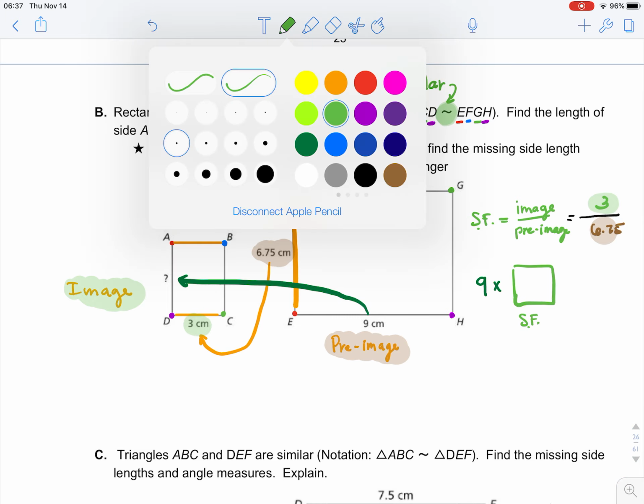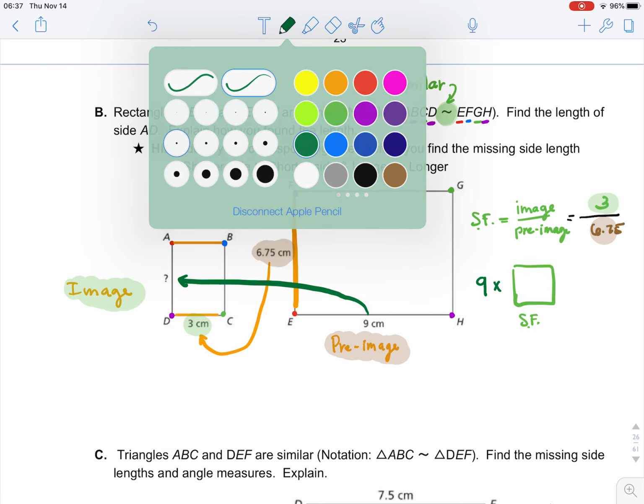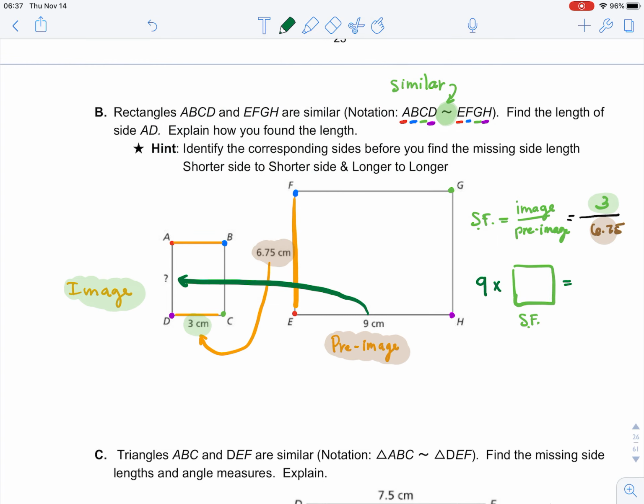The same scale factor we used earlier should equal our question mark. Okay. Now, the scale factor we're going to use is the one that we worked hard to figure out. That goes there. So 9 times 3 over 6.75.